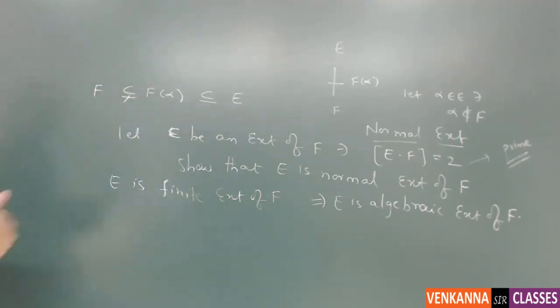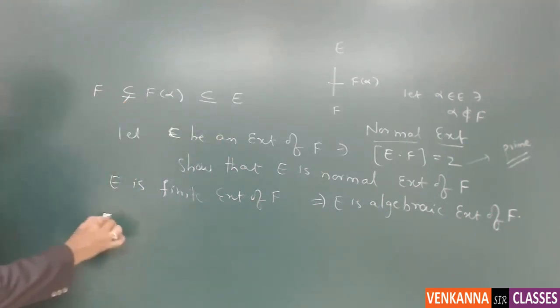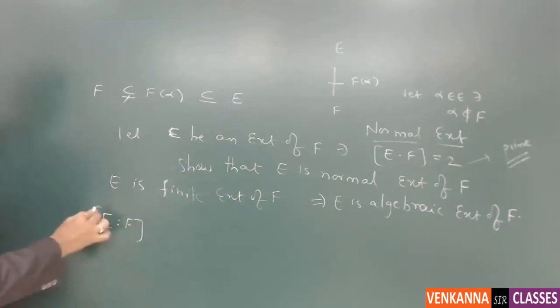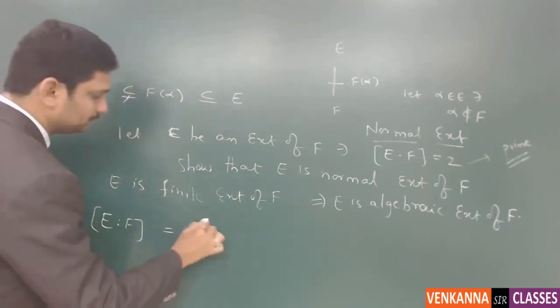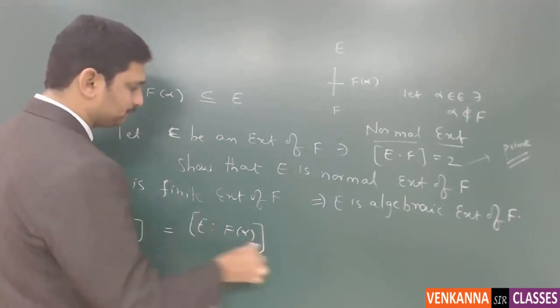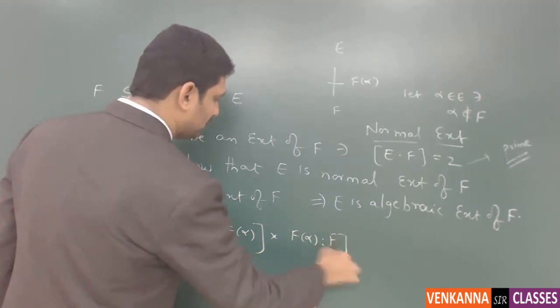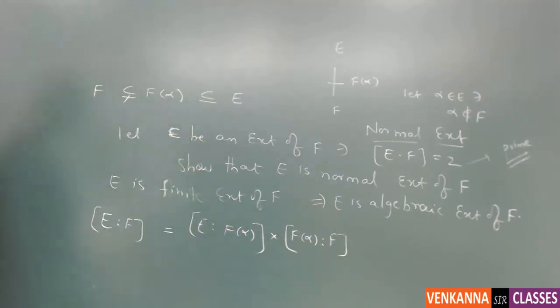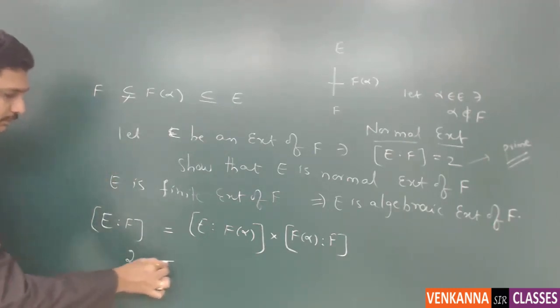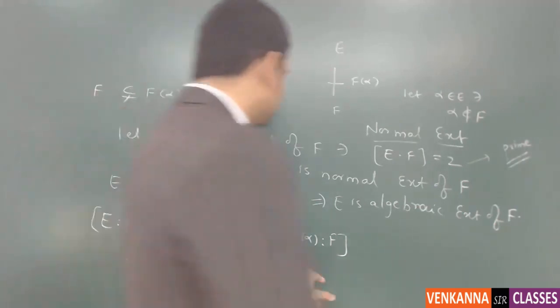Now, if you consider the dimension, E over F is equal to E over F(alpha) times F(alpha) over F. As per the problem, this value is 2. So 2 is equal to the product of these two values.